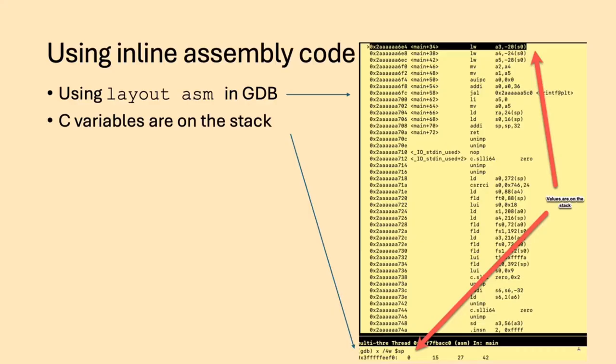Analysis of the intermediate assembly code shown here shows that the C variables number 1, number 2 were pushed onto the stack. If tracing the code using GDB, examine the memory showing the values. The GDB command layout asm shows a more granular display.